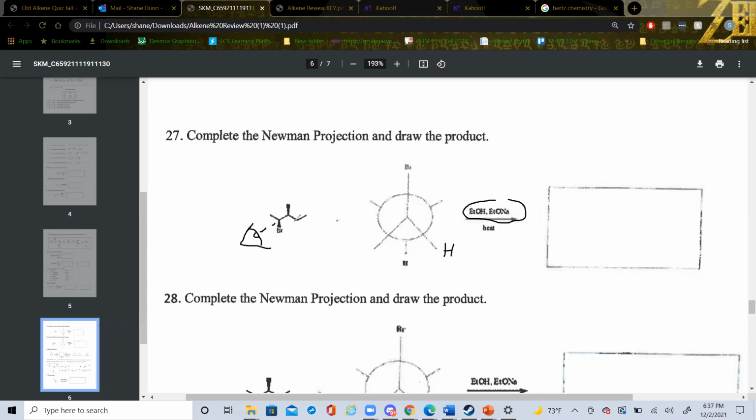You notice right here, the ethyl group's also kind of behind the other methyl group. So this is where the ethyl group comes into play. If you don't know what the ethyl group is, I'm talking about this guy right here. He goes there. The methyl group is going to be here because this is coming up at us, going up. This methyl group's also in the way too, so both methyl groups are like this.